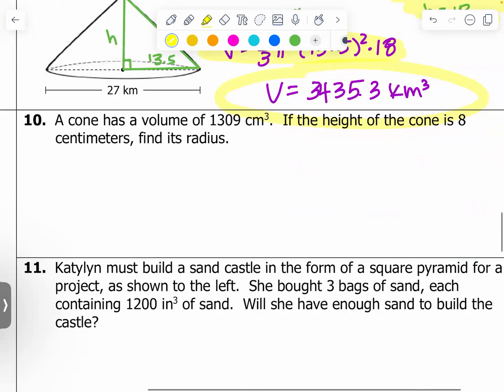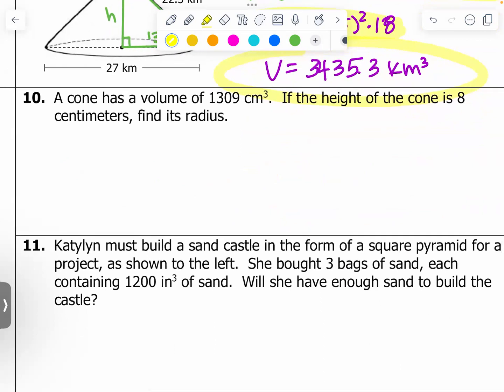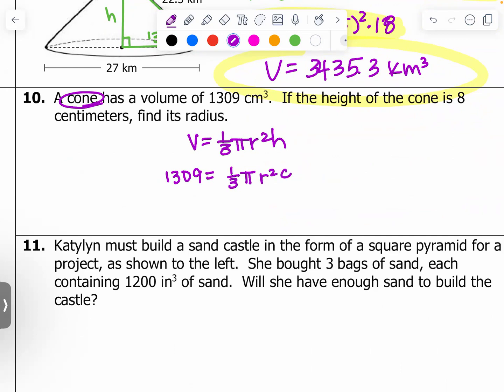Let's look at number 10. So we have a cone, right? So we know volume is 1/3 pi r squared h. What do we need to do? We know that our volume is 1,309 and we know that our height is 8.